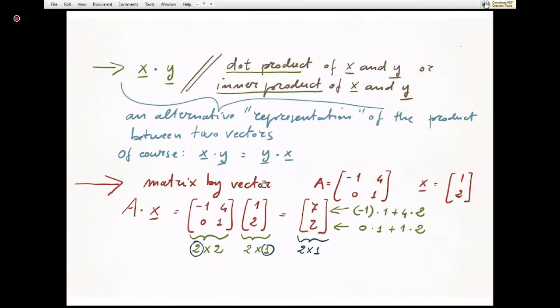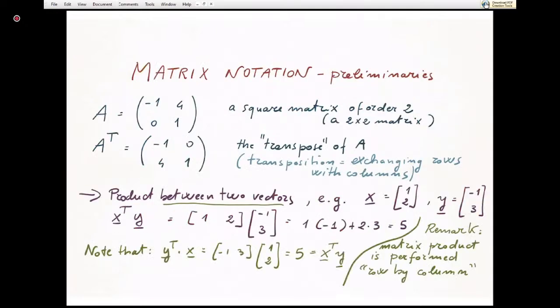Listen to this important message. Don't regard matrices as arrays of numbers. Regard them as column vectors, for instance, this one and this one, side by side, or row vectors, one over the other. Don't regard this as just the 4 numbers in a square.